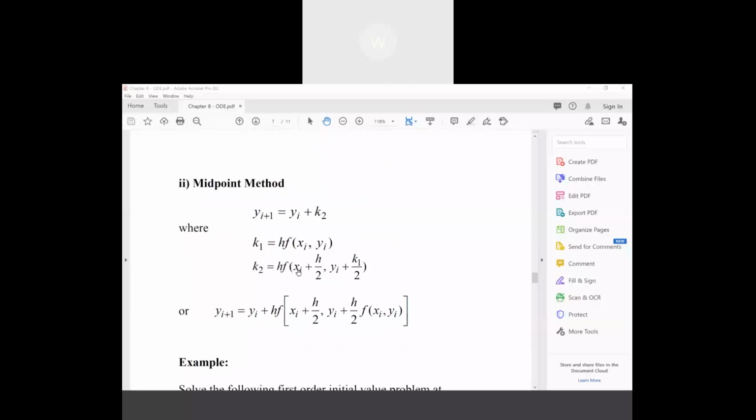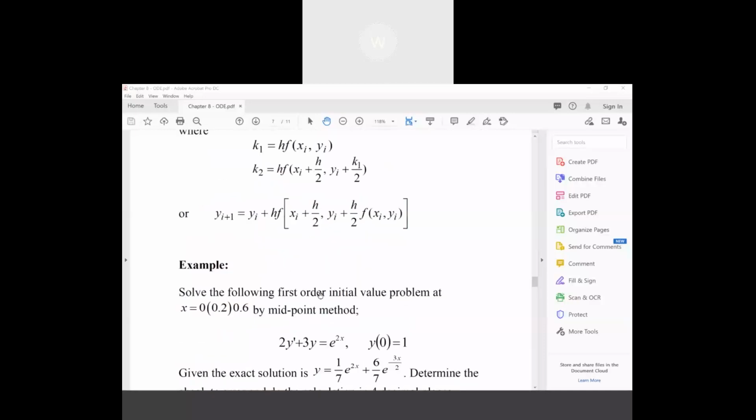For RK4 we have k1, k2, k3, and k4, and then we substitute into the Runge-Kutta formula. So for midpoint method, this is the formula. So I think you know how to calculate k1 and k2, and then substitute into the main formula. So we obtain the next value for y.